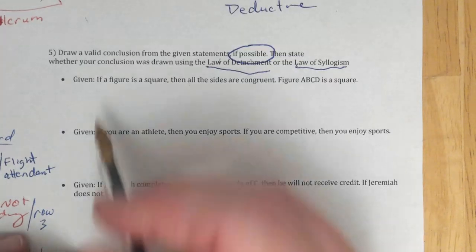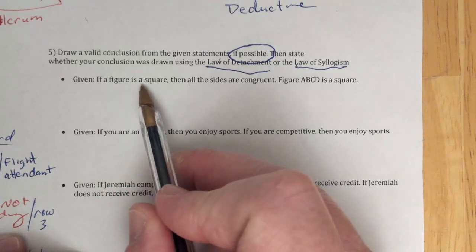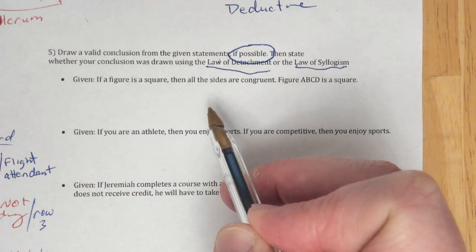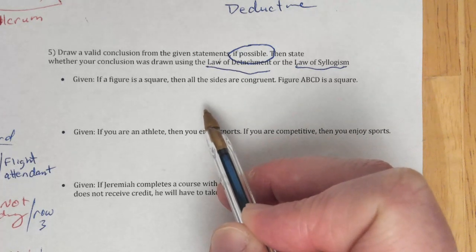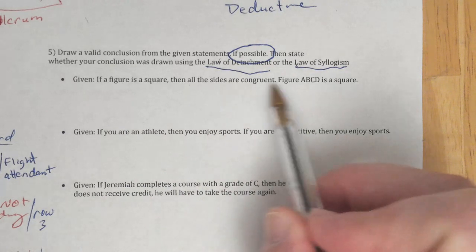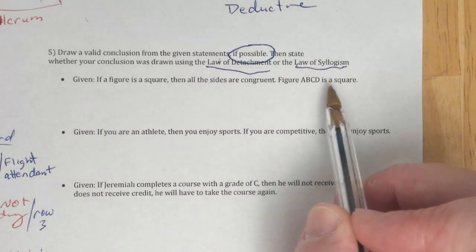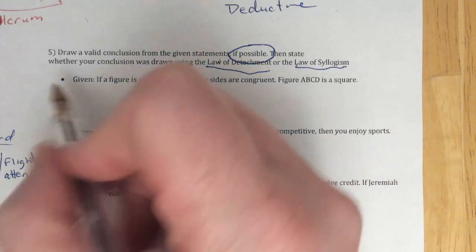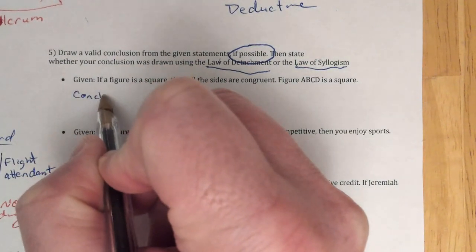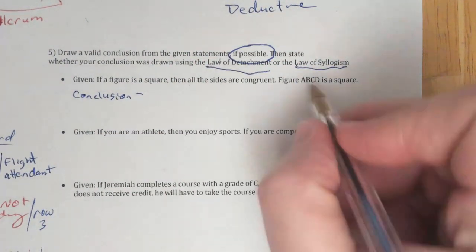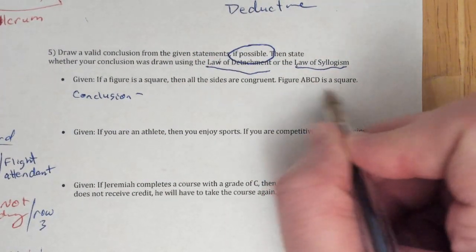All right, so here we go. If a figure is a square, then all the sides are congruent. Okay, so figure ABCD is a square. So what conclusion can we make? All right, so conclusion. So we know that's a square.